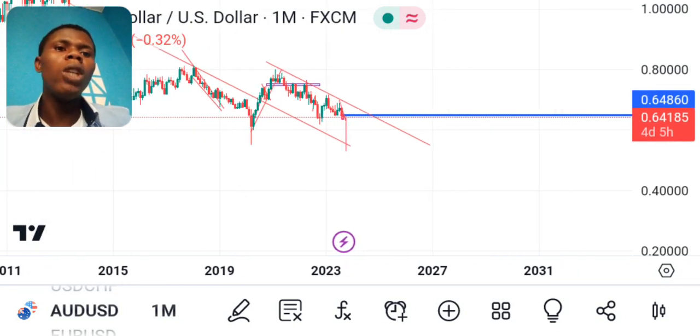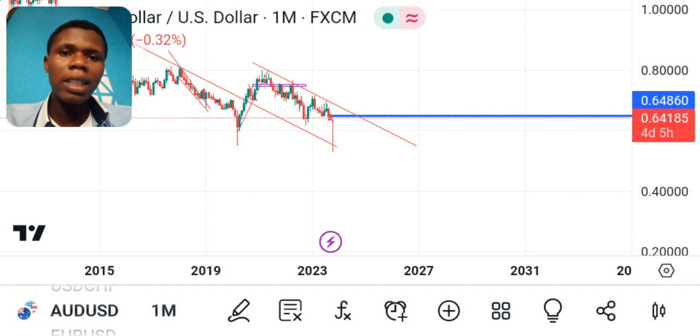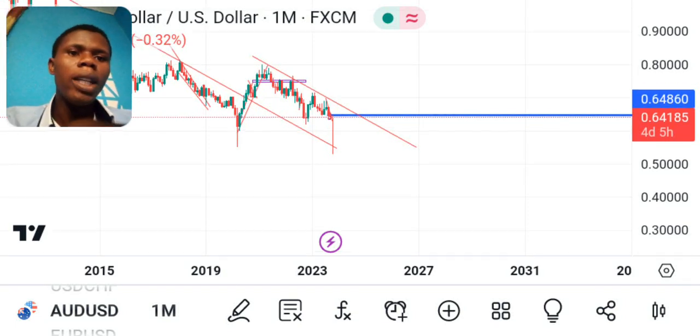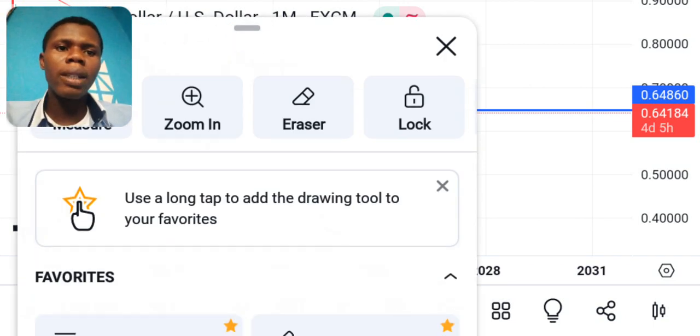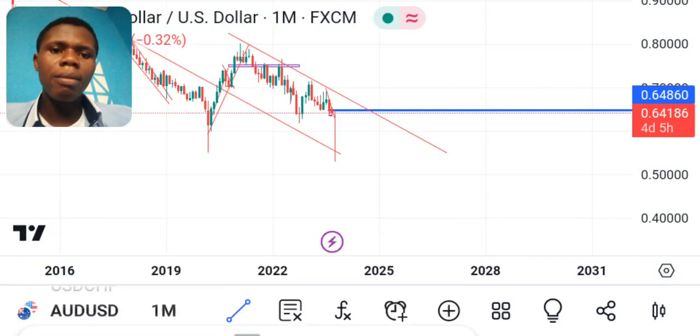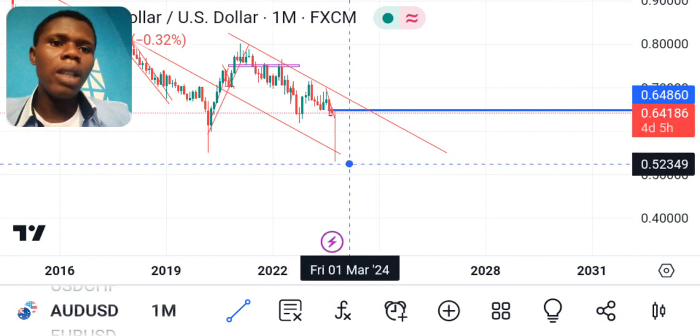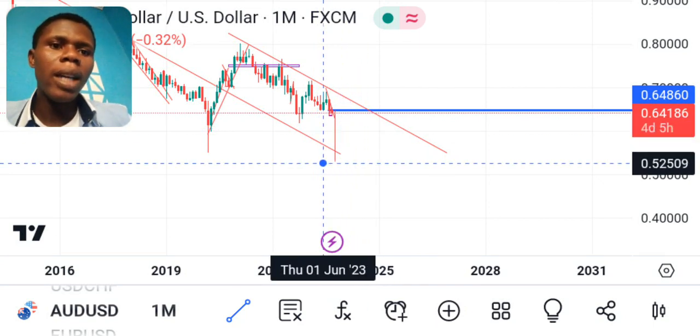So if we want to exit this market fully, we wait for it to come to this zone and actually break, which I'm not sure is going to happen anytime soon.